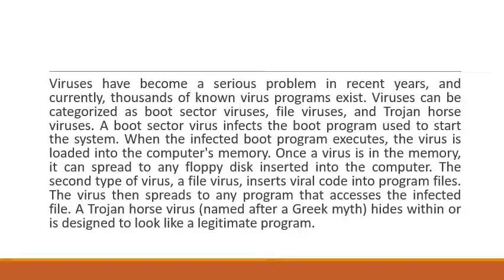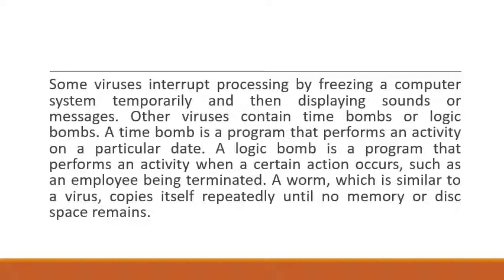Let's move on after talking about the different types of computer viruses, the three main types according to this paragraph: the boot sector virus, the file virus, and the Trojan horse virus. Some viruses interrupt processing by freezing a computer system temporarily and then displaying sounds or messages. Other viruses contain time bombs or logic bombs.